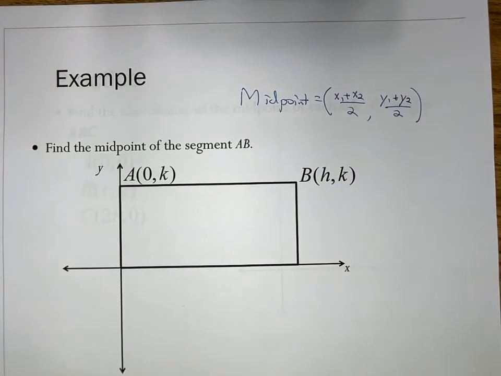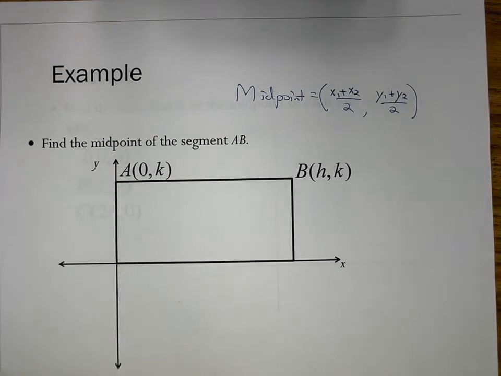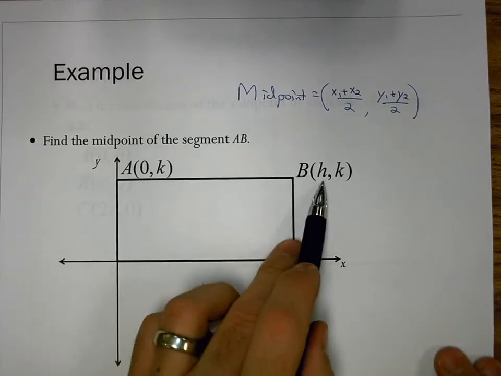Thing to note, just remember, it's x1 plus x2 divided by 2. It's finding the averages of the x, y1 plus y2, finding the averages of the y. So, we're looking from A to B. So, average of the x's, average of the y's.